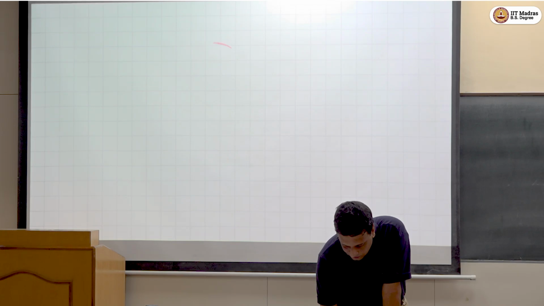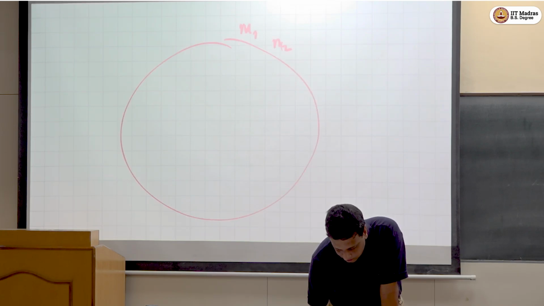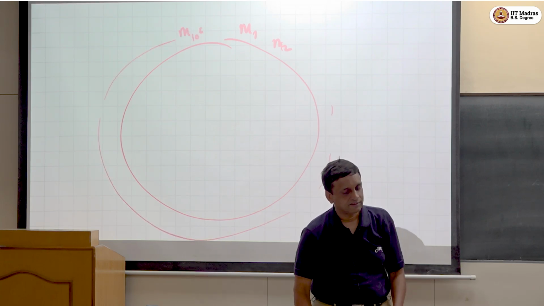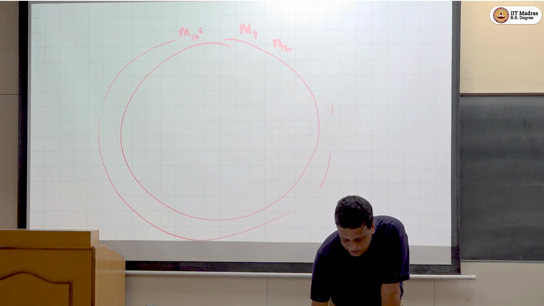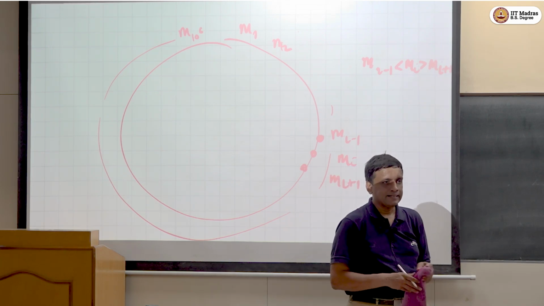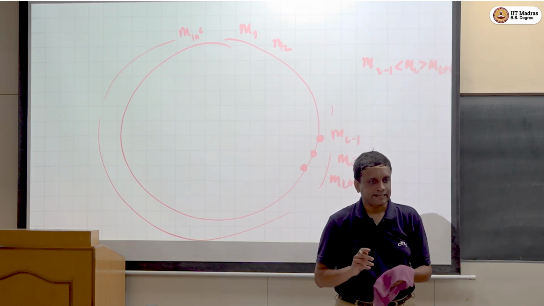So you have this ring, and you want to find some position such that it is bigger than its neighbors. These are all ideal problems, so you can assume that no two ministers have exactly the same wealth, so you won't have any tie issue.